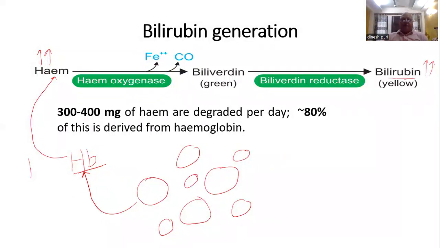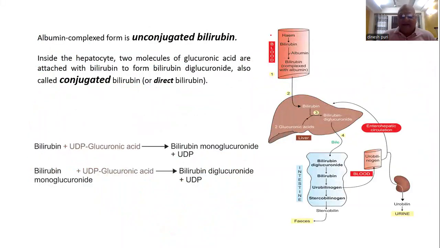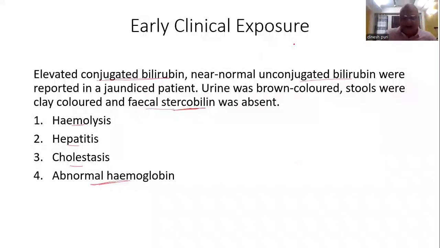Now, what type of bilirubin is it? Conjugated or unconjugated? Let us see. This is what we have done so far. From RBCs, hemoglobin and heme, and more bilirubin is generated. Now this bilirubin complexes with albumin, and this bilirubin albumin complex is called unconjugated bilirubin. So in hemolysis, what type of bilirubin is rising?